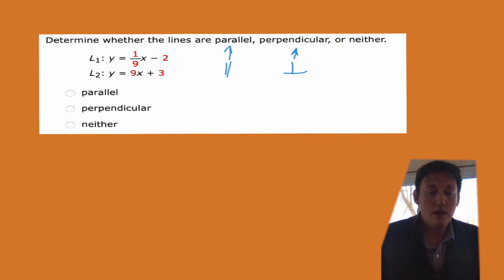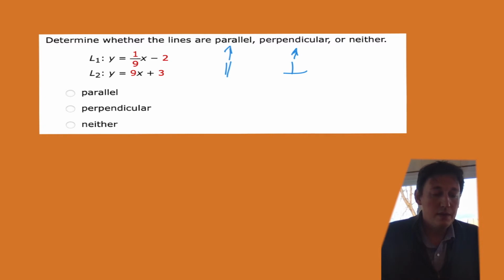Perpendicular lines exist when their slopes are opposite reciprocals. For example, let's say you have a slope of 1/2. An opposite reciprocal slope would be negative, and then you flip it, which makes it 2 over 1. So what you're looking for is signs that are different, and it's also flipped, so it's reciprocal. Neither obviously means that neither one of them applies.